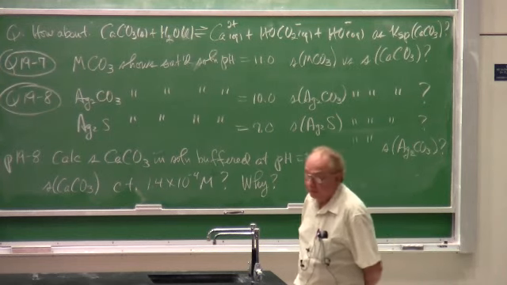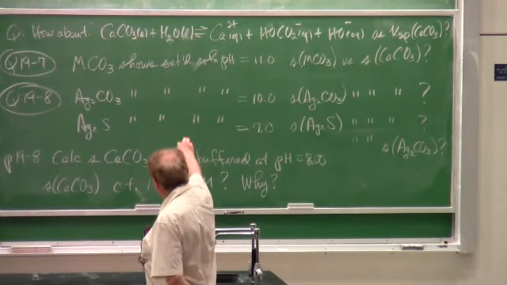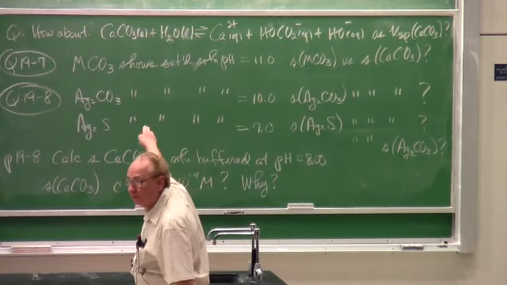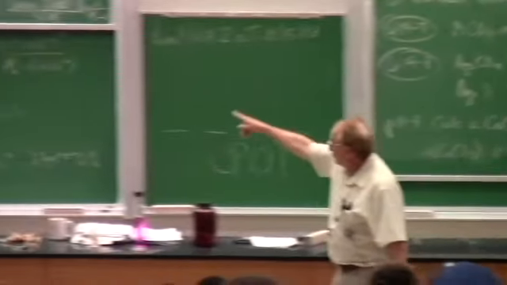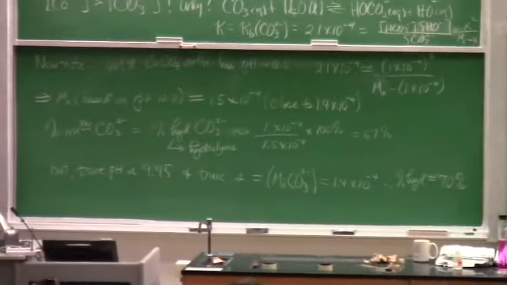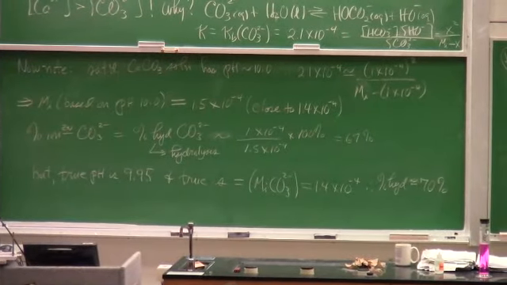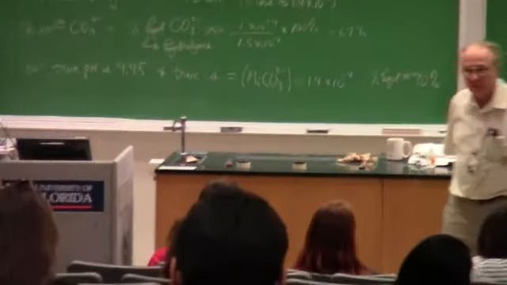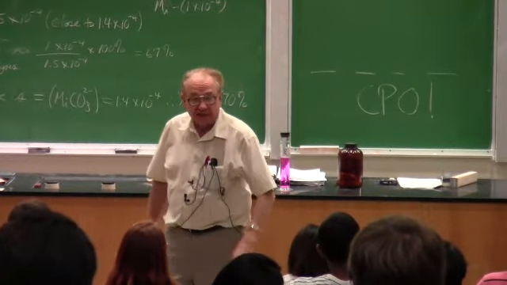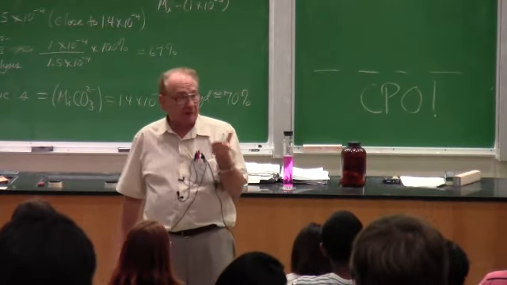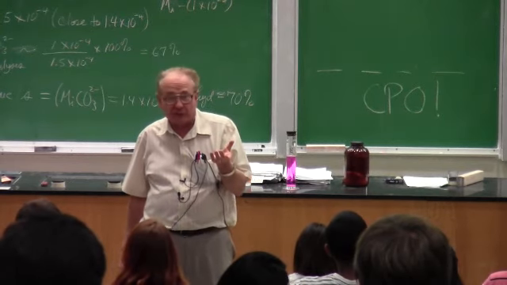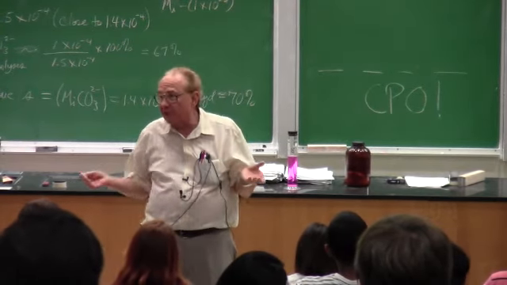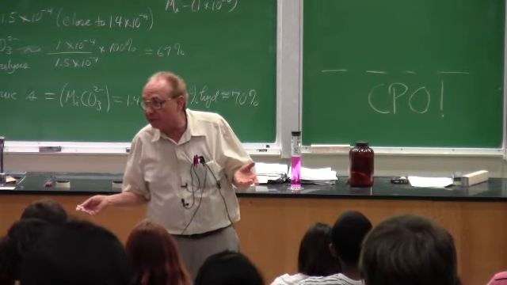Textbooks don't dwell on this. I don't know why. That is a more legitimate representation of KSP for calcium carbonate than that. But textbooks always use that, and I've never seen them use this. Textbooks which know what they're doing have recognized that for silver sulfide KSP or silver oxide KSP, there's no sulfide ion or oxide ion in those expressions. How can I refer to the concentration of something which is not existing?